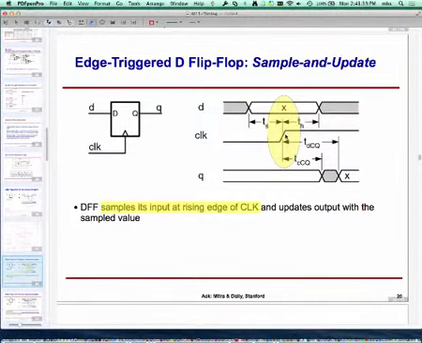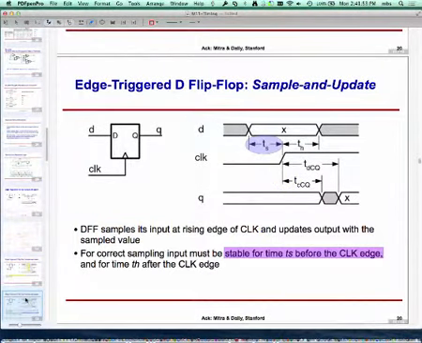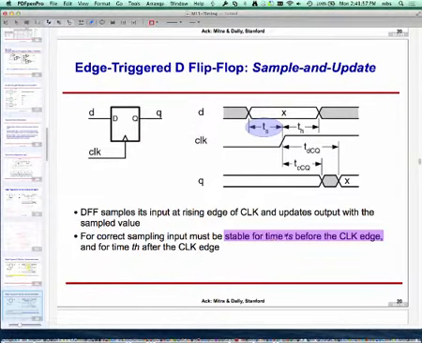The flip-flop is sampling at the edge, but for it to sample correctly, it requires that the data be stable in that time period, which is clock edge minus t sub s through clock edge plus t sub h. So for correct sampling, input must be stable from TS before the clock edge to TH after the clock edge, again assuming both of them are positive as in this case.